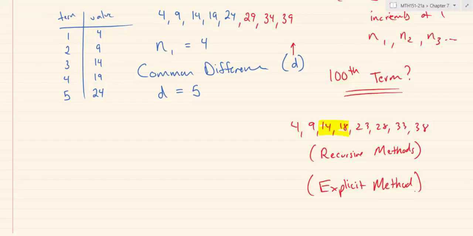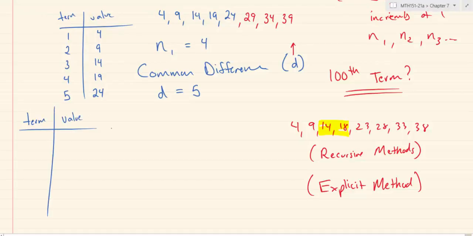So let's stick with our sequence here, and let's break this down a little bit. So if I start with my term, and then I include the value, so first term, second term, third term, fourth term, fifth term. Let's start out and say the first term is 4, which it was. And now for the second term, what I do is I take the first term, so I take n sub 1, and I add d to it.